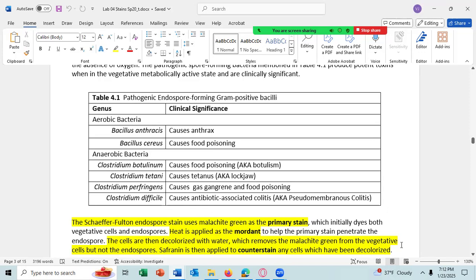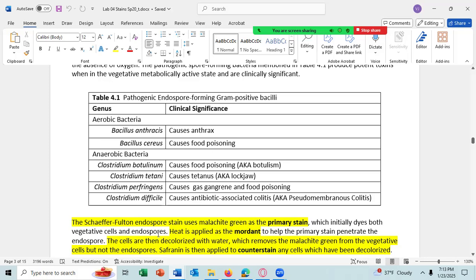All right, to determine the endospore, we use the Schaefer-Fulton endospore stain. It uses malachite green as the primary stain. Malachite green normally dyes both the vegetative cells, like the parent cells, and the endospore. So initially, they're both green. Heat is then applied as a mordant to help the malachite green get inside the endospore.